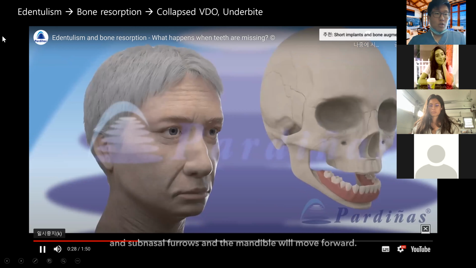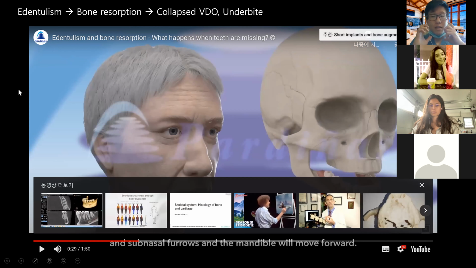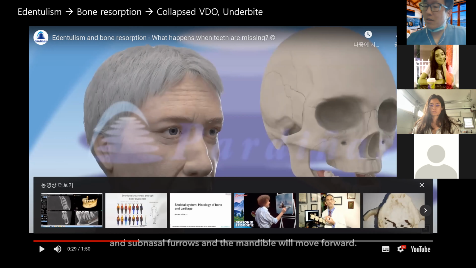Okay, so the bottom line is, if you are missing teeth and go for many years without teeth, the bone will slowly get shorter and shorter, resorbing over time, right? What is that going to create? Your bite is going to collapse. The lower third of your face is going to collapse. You're going to have a collapsed vertical dimension. You're also going to have an underbite, like this, right?